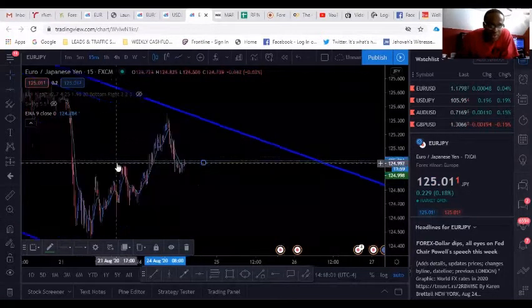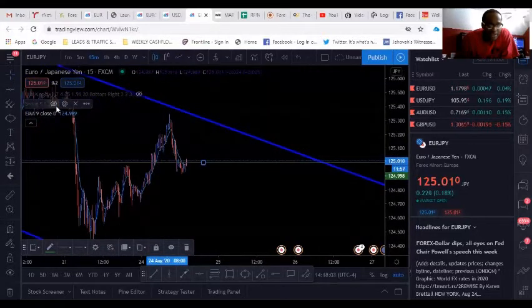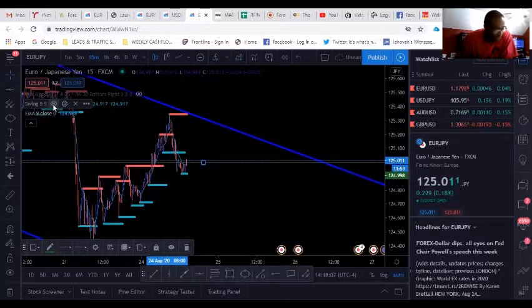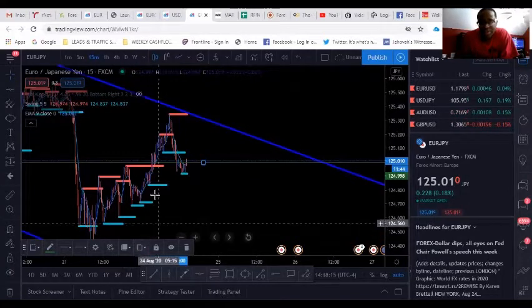What I'm going to do at this point now is I'm going to turn on the swing high and low support or resistance. Now I'm going to show you exactly how to get access to this indicator.